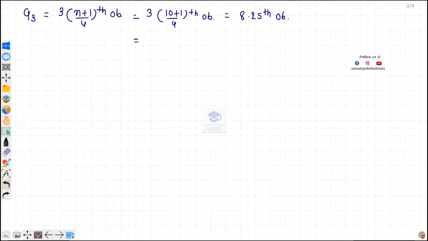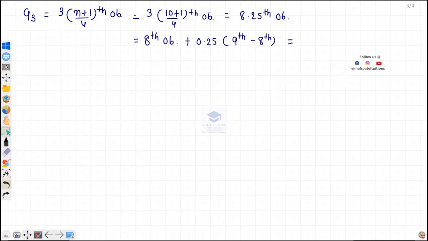That means 8th observation plus 0.25 into 9th minus 8th observation.